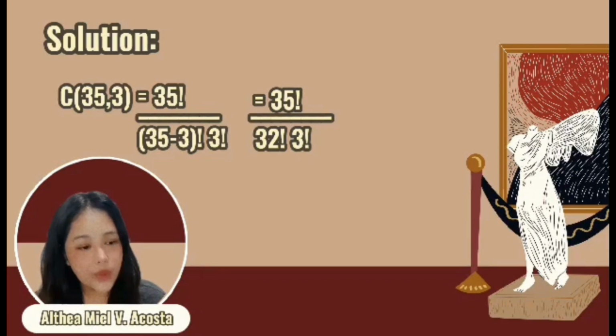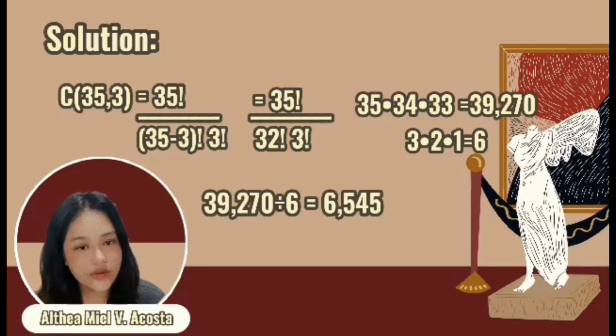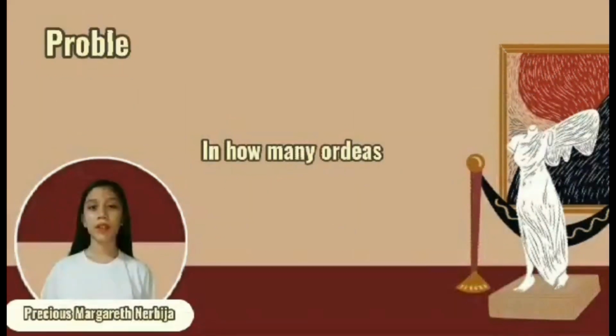And lastly, we multiply the remaining factors. 35 times 34 times 33, which is 39,270. Then divide it by 3 times 2 times 1, which is 6. So the answer is 6,545. There are 6,545 ways the programmer positions can be selected from 35 applicants.